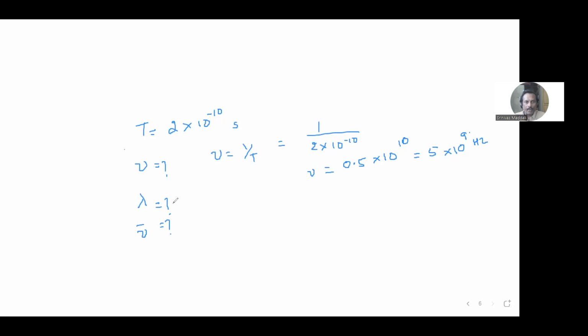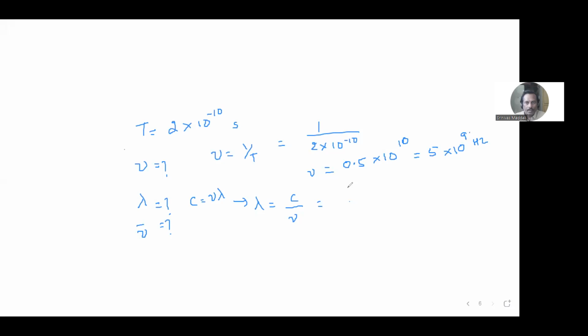So once you know the new value, lambda easily you can find out. From the formula C is equal to nu lambda, you can find out lambda is equal to C by nu. That becomes how much? 5 multiplied by 10 to the power of 9 is the value of the frequency. So we'll write the value of C here first.